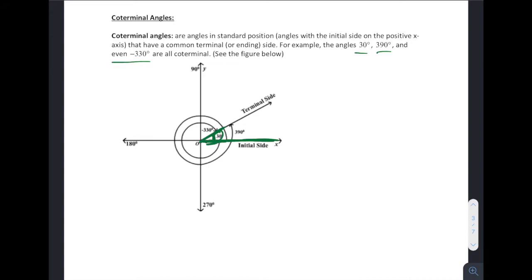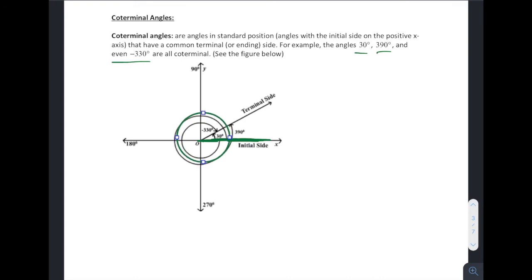If we were to start over again, starting on this positive x-axis, and went all the way around the circle, we know that would be 360 degrees, because a whole circle is 360.